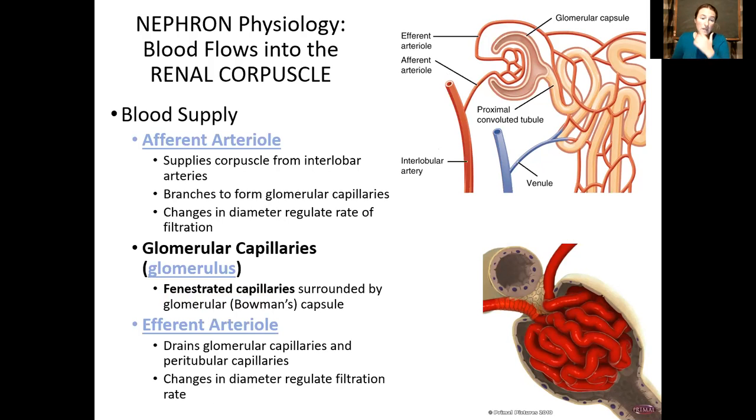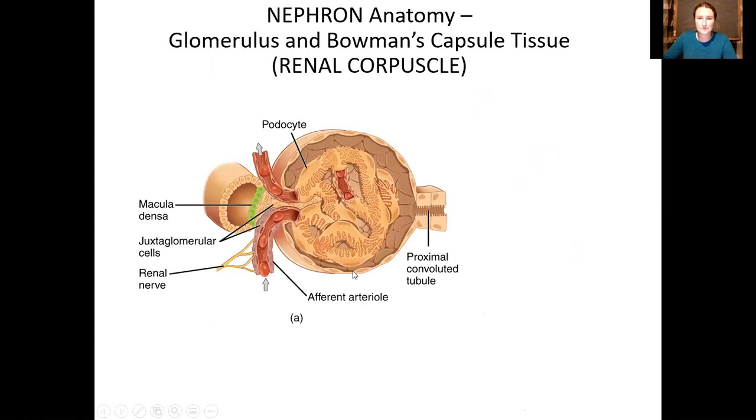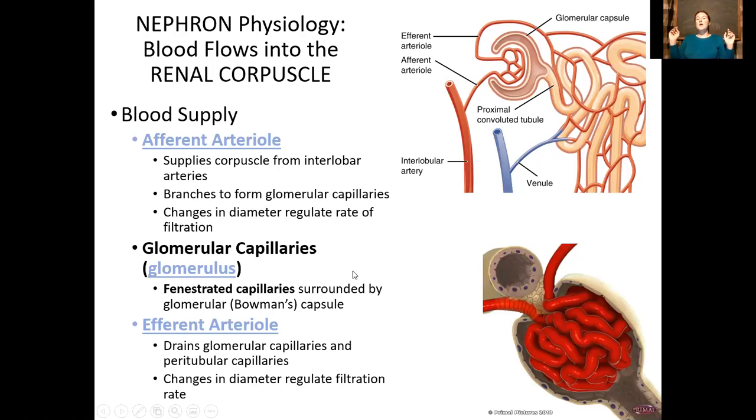And then again, as we've discussed, the efferent arteriole is going to drain blood out of this capillary bed and into the next capillary bed. I want to point out that the afferent arteriole is usually much wider in diameter than the efferent arteriole is.